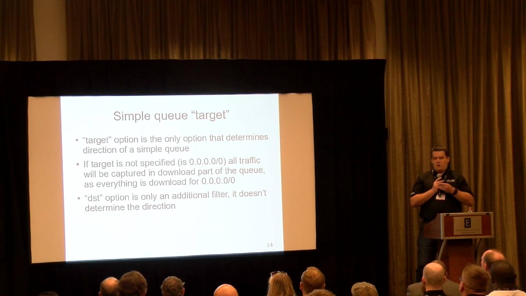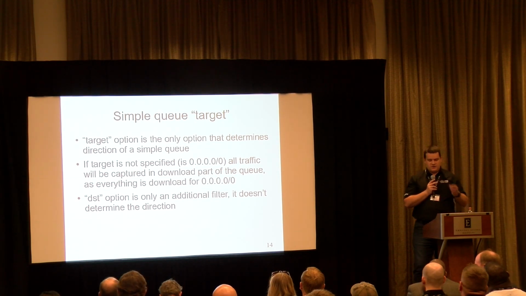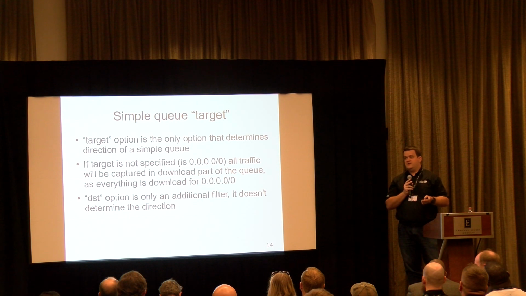That means that all traffic is download for 0.0.0.0/0. So that's why nothing is captured in upload. So the rule of thumb is you always need to have target in simple queues. Or else they will not work, because the destination option is only an additional filter. It doesn't determine the direction of the queue.